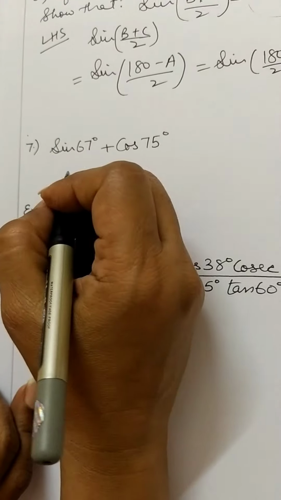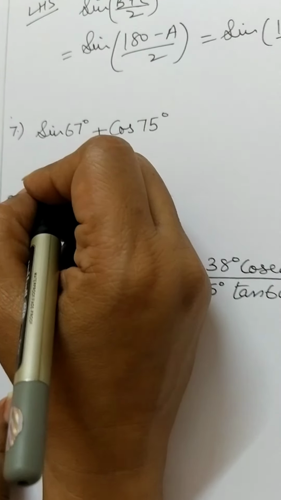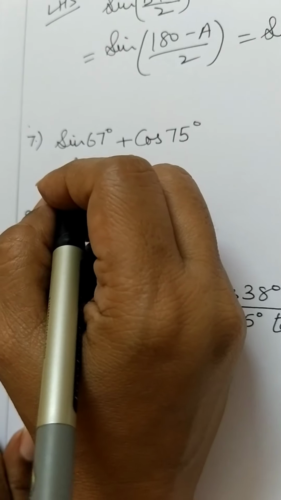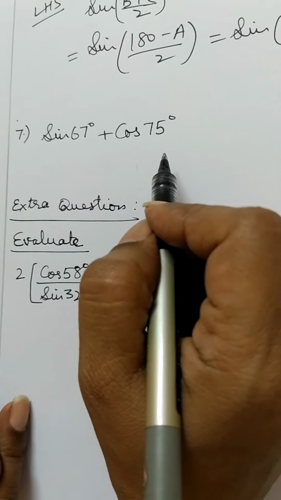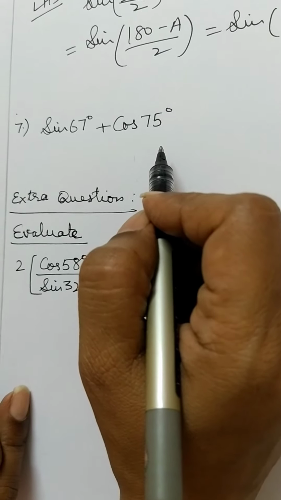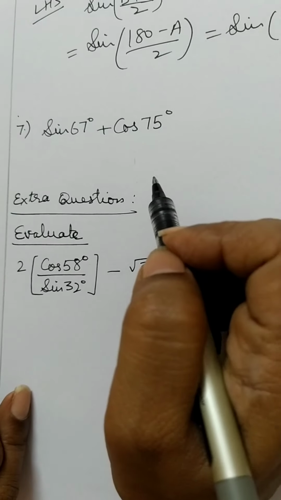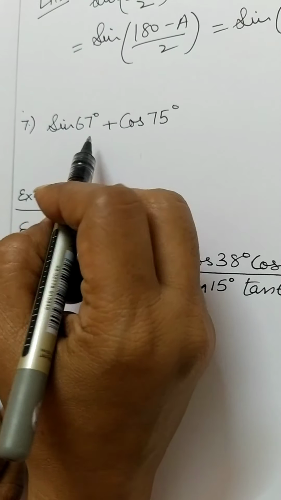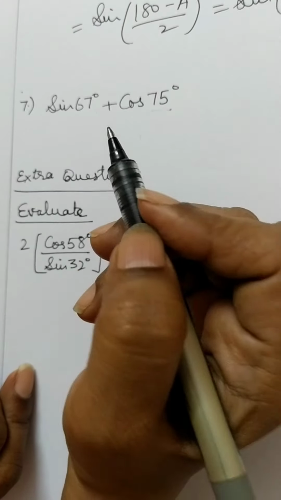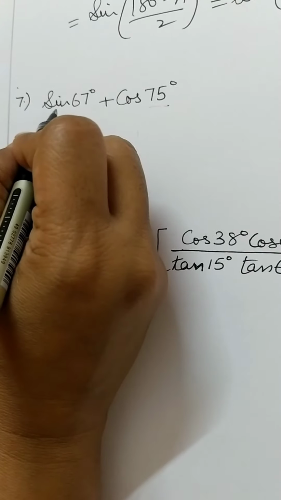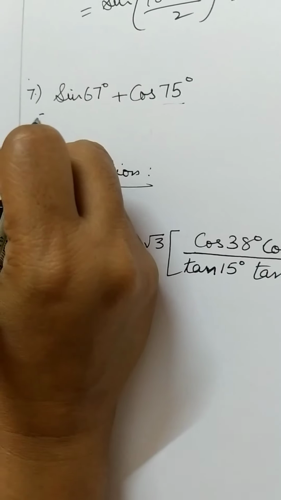7th question of exercise 8.3, page 190. This expression is given, and you have to express it in terms of trigonometric ratios of angles between 0 and 45 degree. You can see that 67 and 75 are more than 45 degree. But we know that sin theta is cos (90 minus theta).